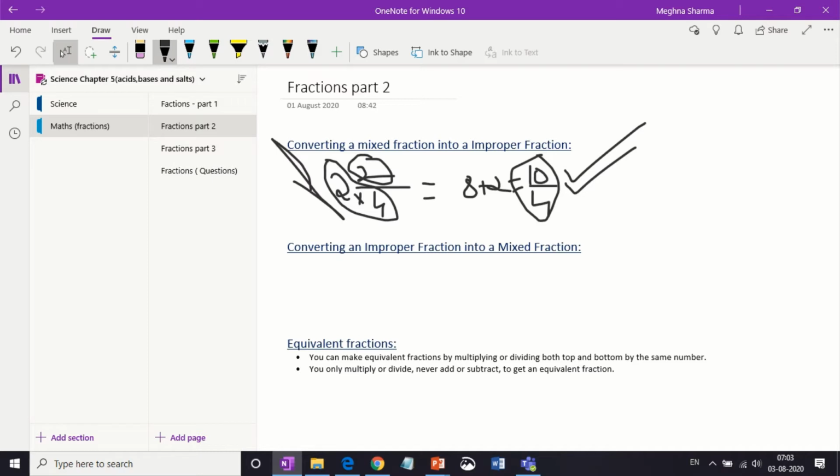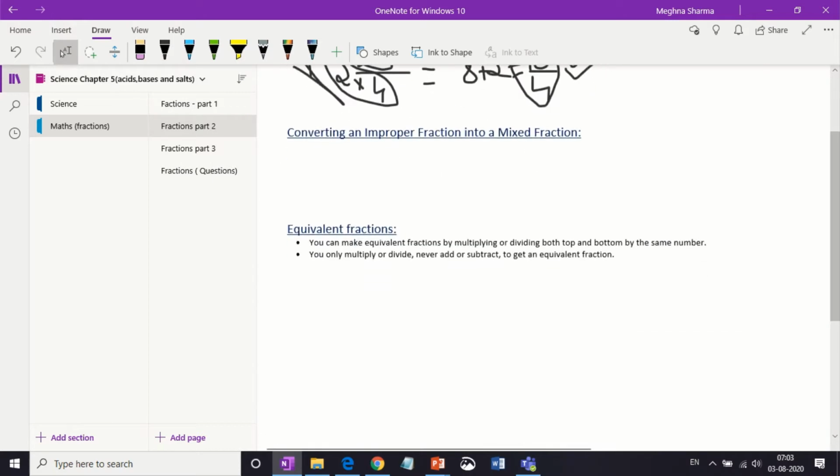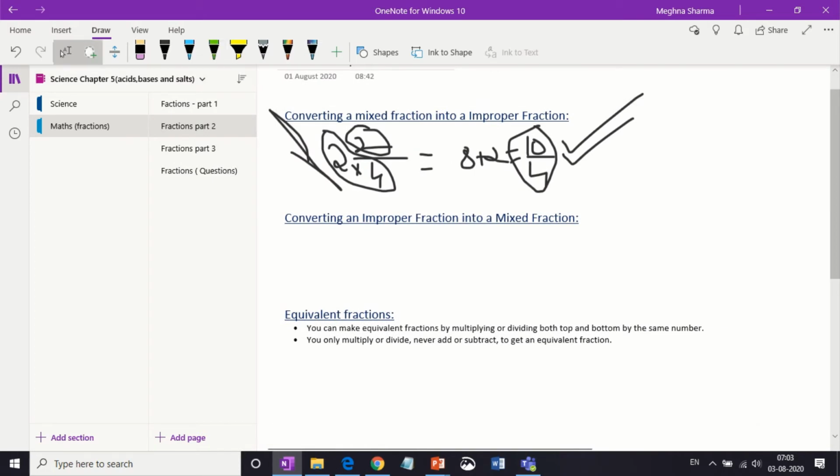Now let me tell you how to convert an improper fraction into a mixed fraction by taking the same example again. Now 10 by 4. This is an improper fraction as the numerator is greater than the denominator. Now I have to convert this into a mixed fraction and I have to get 2 and 2 by 4.